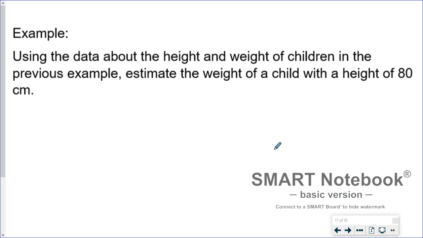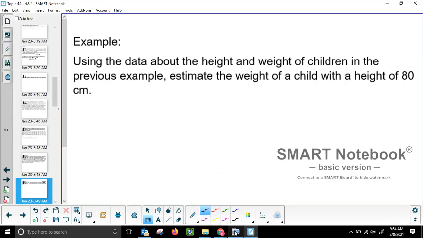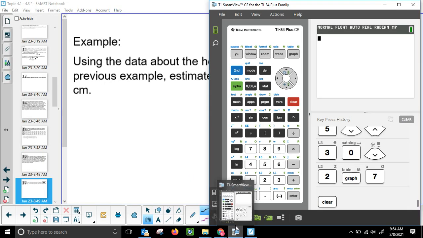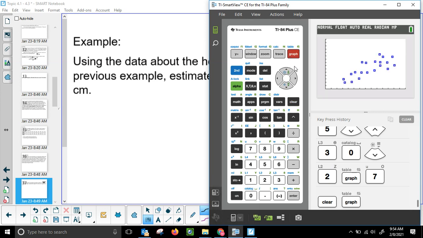So using the data about the height and weight of children in the previous example, estimate the weight of a child with a height of 80 centimeters. If we look at this data, 80 centimeters, these were by tens, so 10, 20, 30, 40, 50, 60, 70, 80.